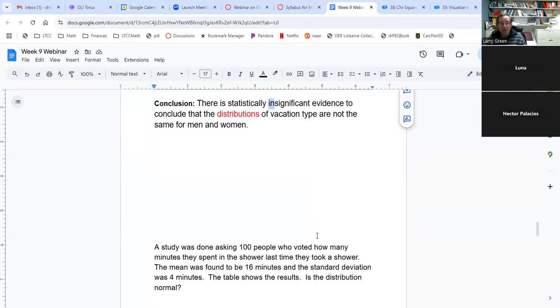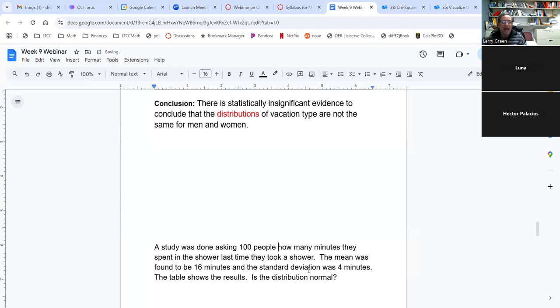Okay, let's do one more example. And it says the following. A study was done asking 100 people, how many minutes they spent in the shower last time they took a shower. By the way, how many minutes did you spend in the shower last time you took a shower?